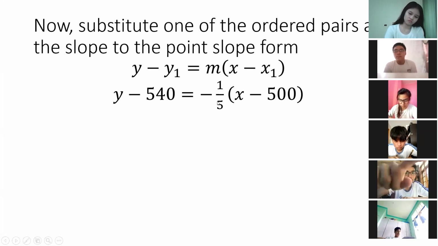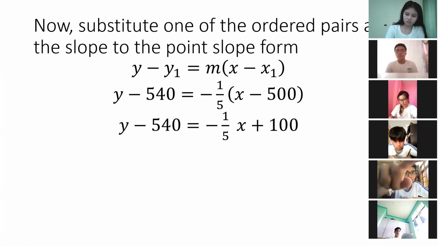Then, of course, what is left for us to do, given the equation and the values being substituted, is to simplify. We simplify by first distributing negative 1/5 to x and to 500. So negative 1/5 times x is negative 1/5 x. Negative 1/5 times negative 500 is positive 100.